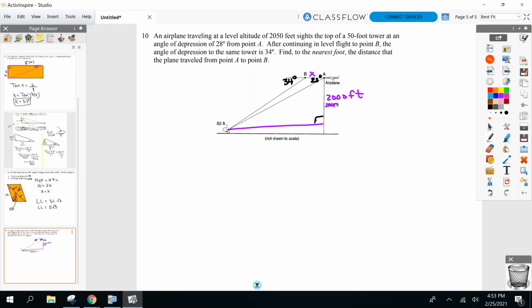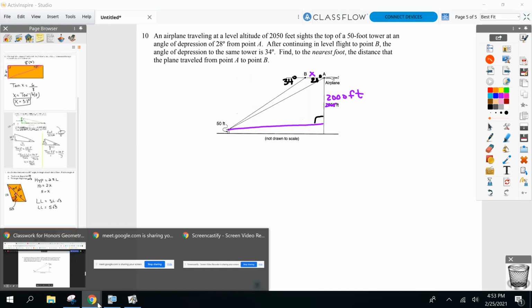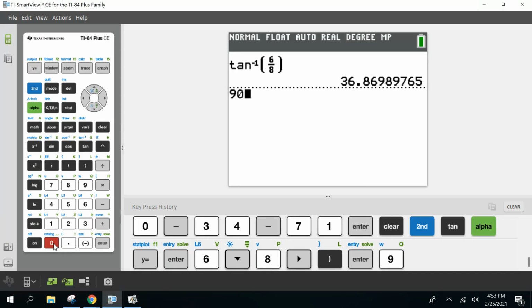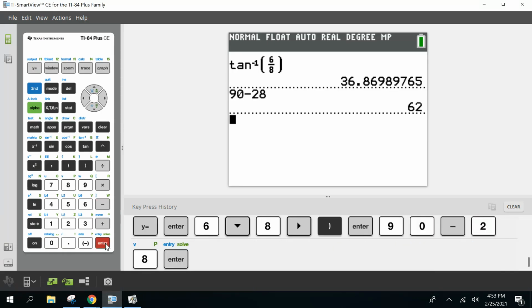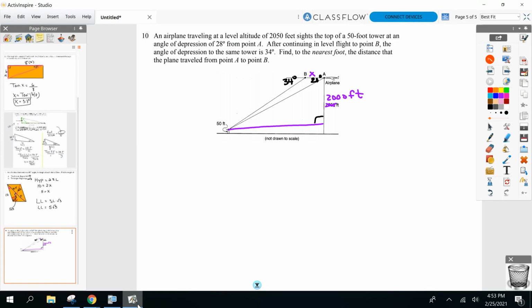All right, so what I'm going to try to do is find every other angle I can possibly find. What other angles can I possibly find? Well, I see 28 degrees and the angle adjacent to it makes a 90-degree angle. And yeah, I got it. I'm doing this. I have no shame. 62 degrees. All right, so this will be a 62-degree angle here.